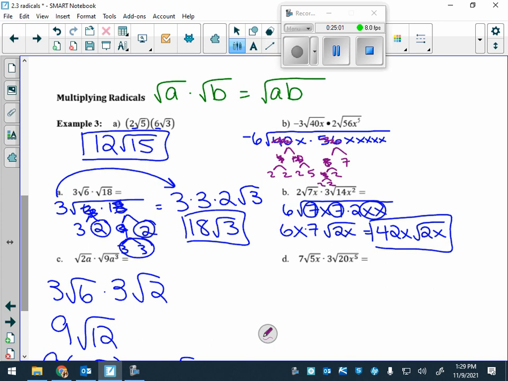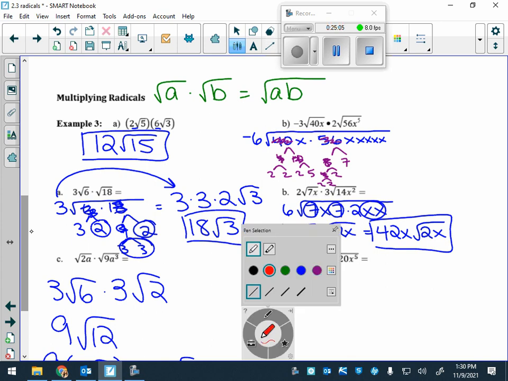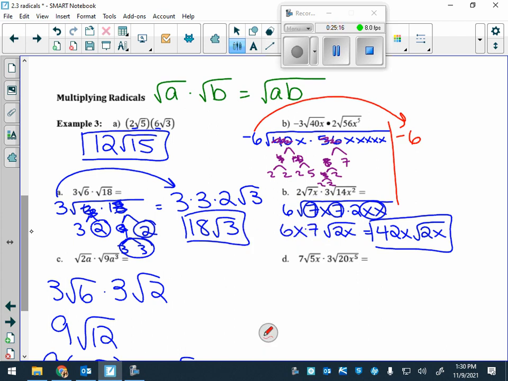Now we're going to circle pairs. Remember that -6 is already on the outside. So I'm just going to carry it over. Here's -6. Okay. What's the first pair you see? Tell me. Liam. Okay, I have a pair of twos. I have another pair of twos. Do I have another pair of twos? Yes. Okay.